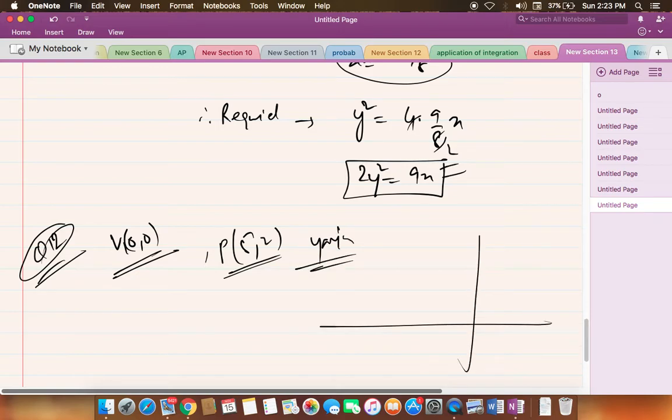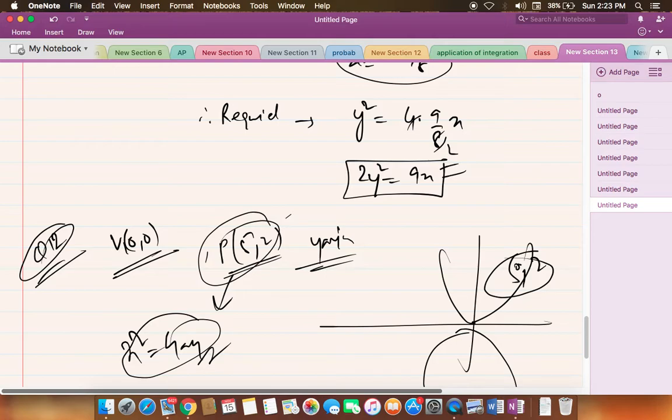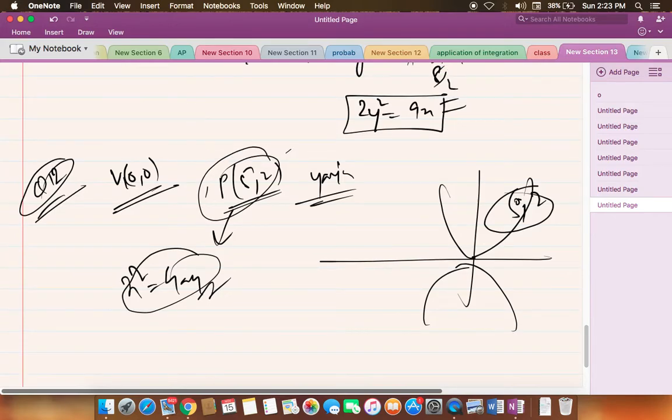I'll give you a hint, it will be here or here. 5 comma 2 always lies in the first quadrant, therefore which type of parabola will this be? x square equals 4ay. Then you substitute as in the previous numerical, the same concept continues. That is why I'm not doing it. I hope you understood this numerical, and after having understood this you have to move on.